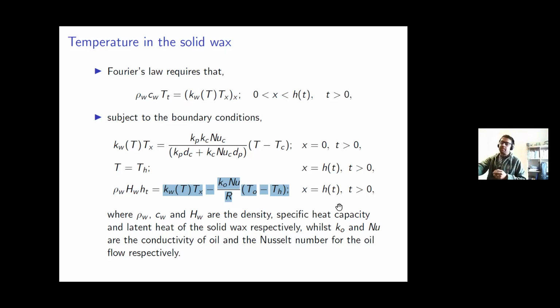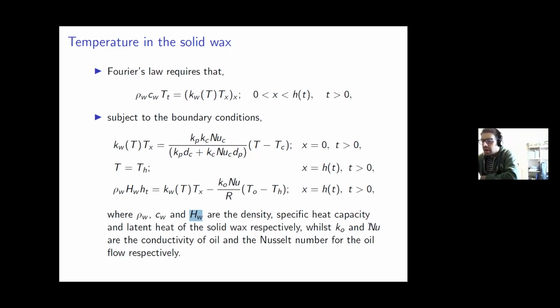Now, here again, rho W and CW are just the density of the solid wax and the specific heat capacity of the solid wax. And capital HW is just the latent heat required for the solid wax, which is the energy required to keep it essentially in that state, informally.